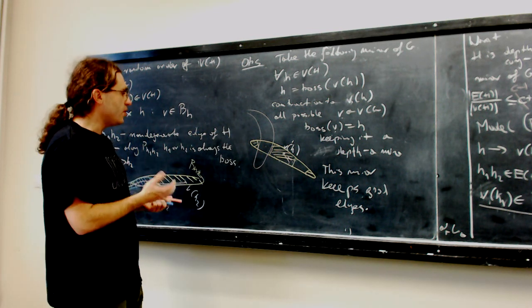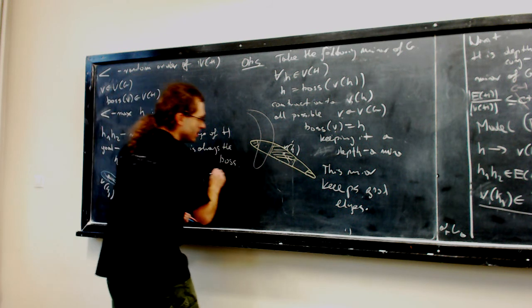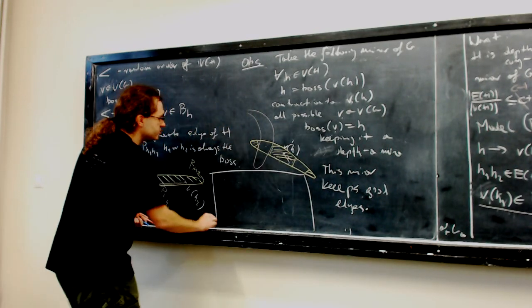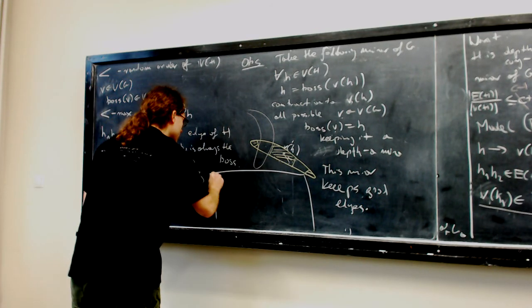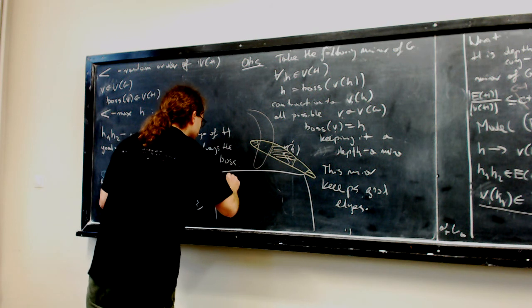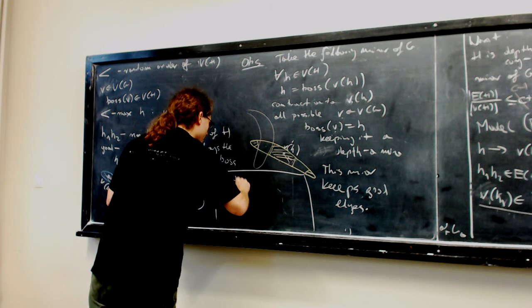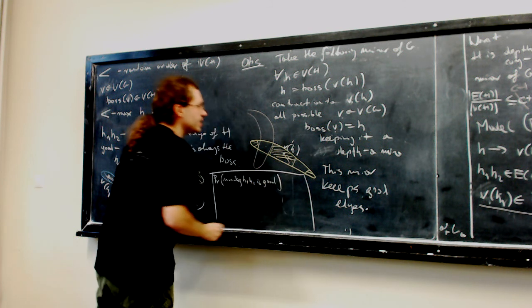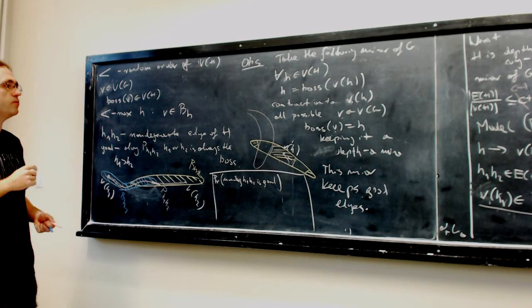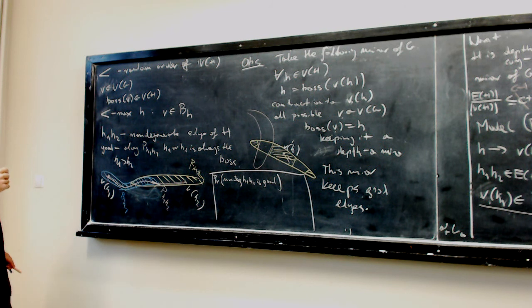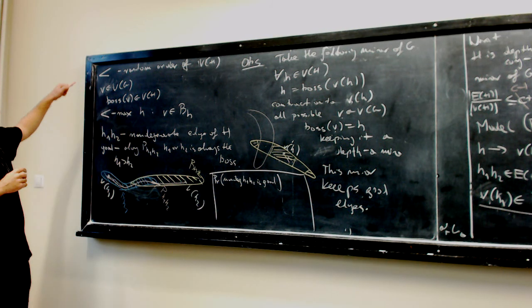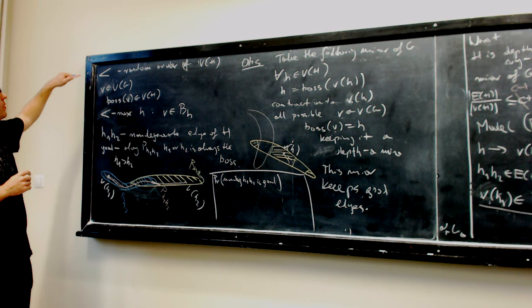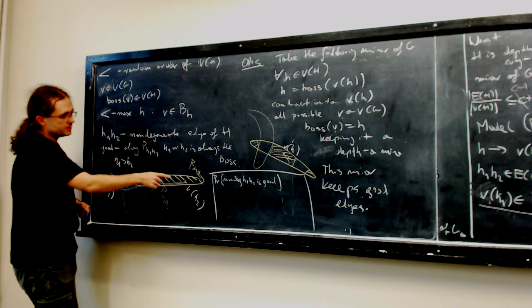The point is, what's the probability that an edge will be kept? What's the probability that a non-degenerate edge H1, H2 is good? So we take a good edge, and what's the probability that it will be good? Well, we have got a random order, and there is a path.